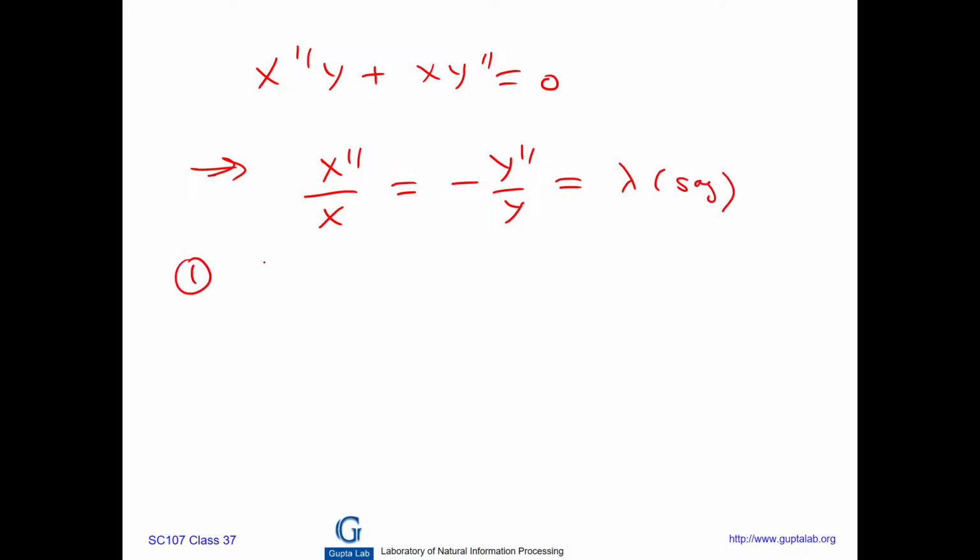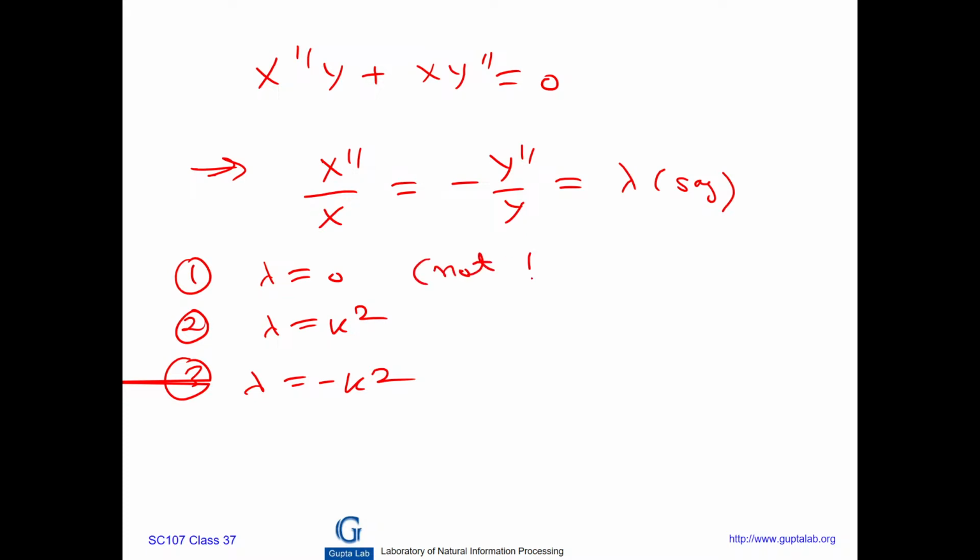Again case 1 lambda is equal to 0, case 2 lambda is equal to k square, case 3 lambda is equal to minus k square. Again you can see that depending on the conditions this is not possible, this is also not possible. Okay, only this one is possible.